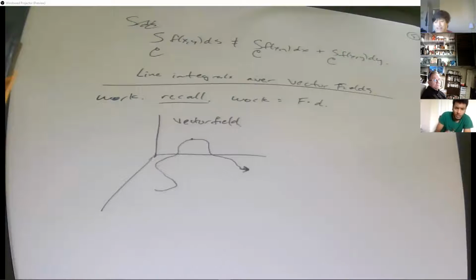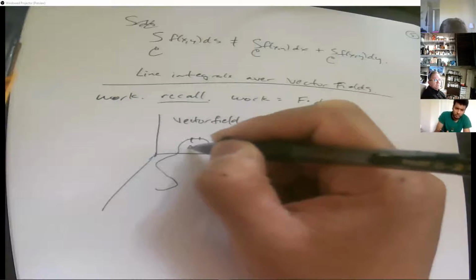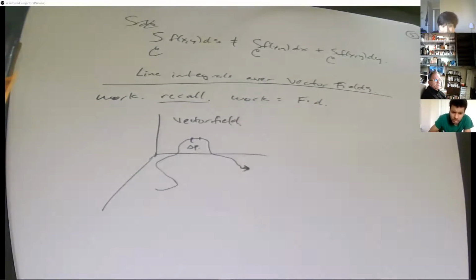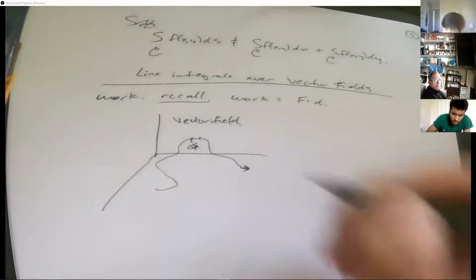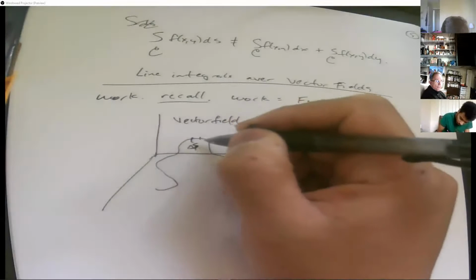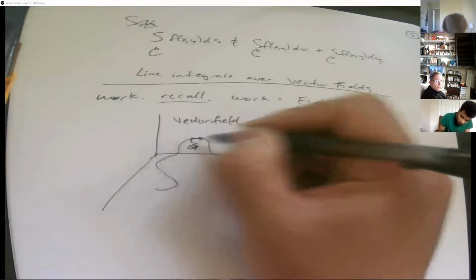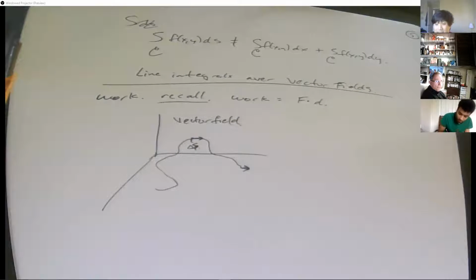And I can do that by separating this curve up into small little chunks. I'll call them S's. I separate them along the length. And how do I compute the work? I need to have a force vector and a displacement vector, right? So if I separate this into small pieces, I have a displacement vector. It's the vector that is tangent to the curve, correct?